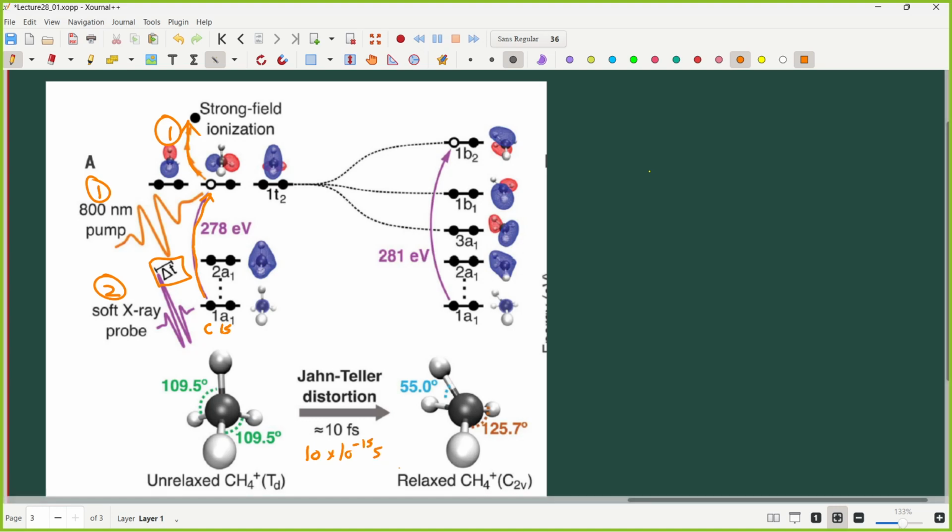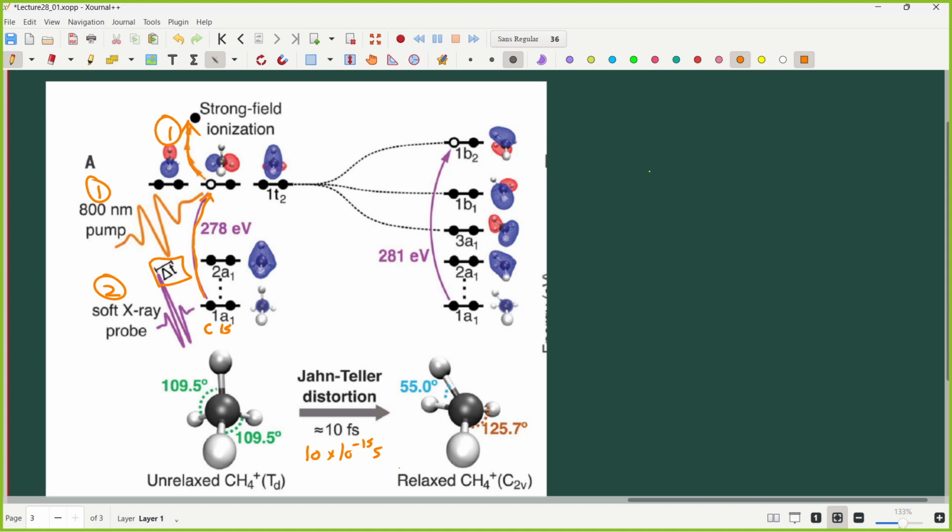Okay, so what they're going to do now is do this probe as a function of time as this molecule reisomerizes. Notice that when you're in this state, imagine you wait long enough that the molecule is allowed to reisomerize. You wait 10 femtoseconds, 100 femtoseconds, something like that, and then you bring in the probe.